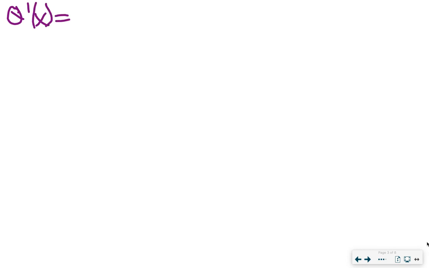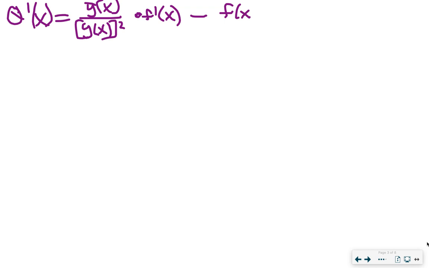So if I take my limit, I'm going to have g of x over g of x all squared, times my derivative of f of x. Subtracting, if I took that second limit, I get f of x over, again, g of x squared times the derivative of g of x.